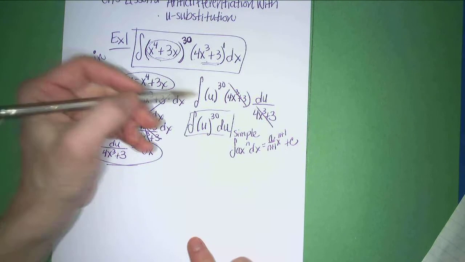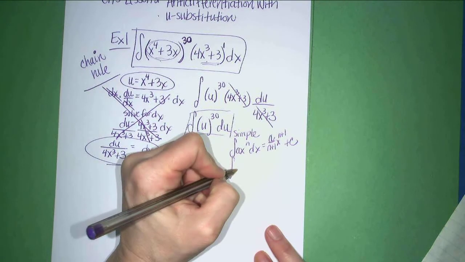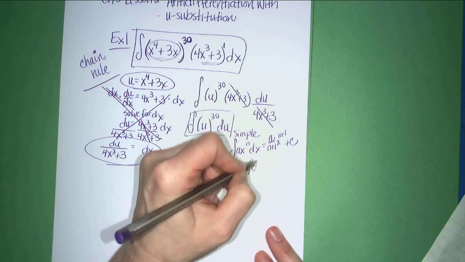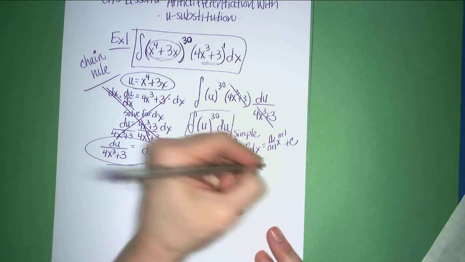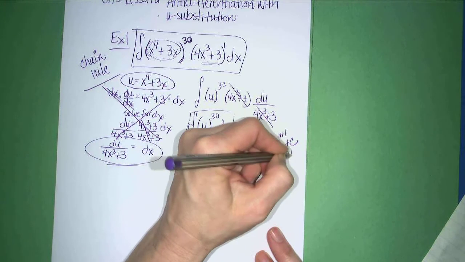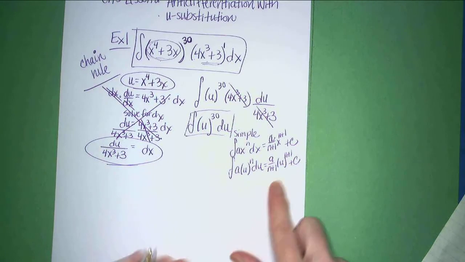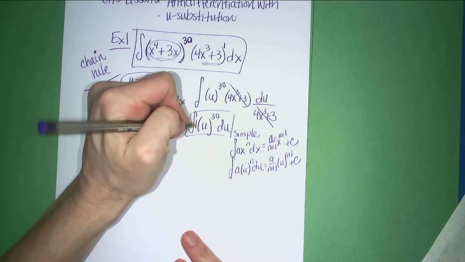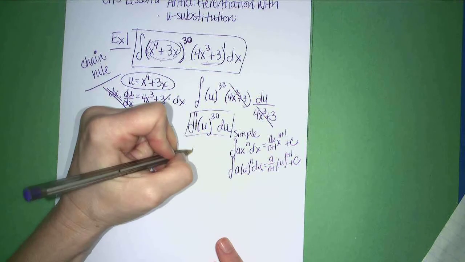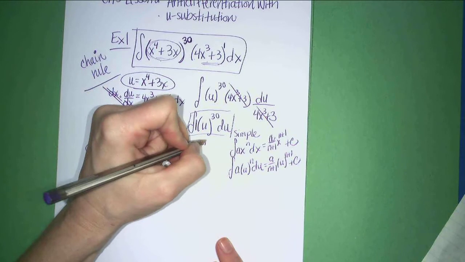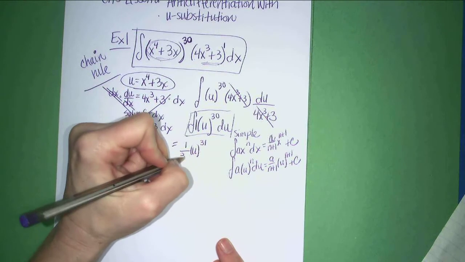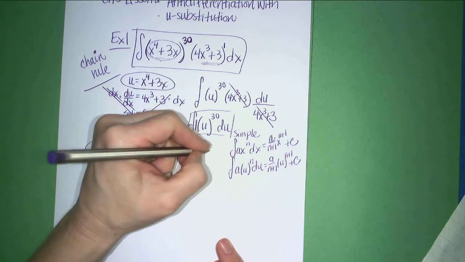Well, this is the same idea, only now it's the antiderivative of a u to the nth du. So that's going to be the same thing, a over n plus 1, u to the n plus 1 plus c. So my a is like a 1 right here. So when I take the antiderivative, I'm going to add 1 to the exponent to make it 31. I'm going to take the 1 that's out in front and divide it by the new exponent, 31, and then add c.